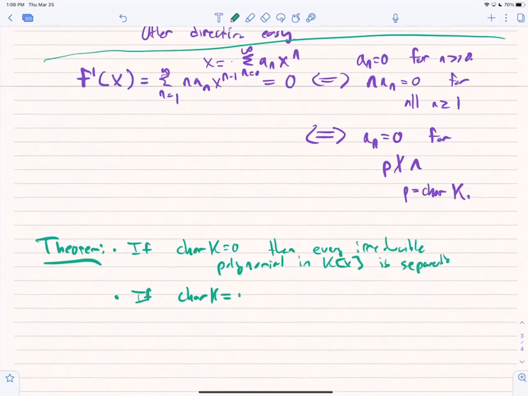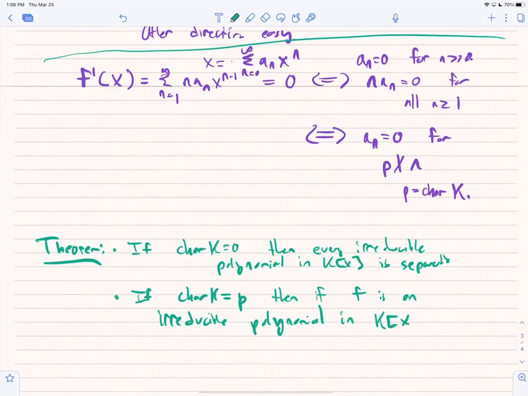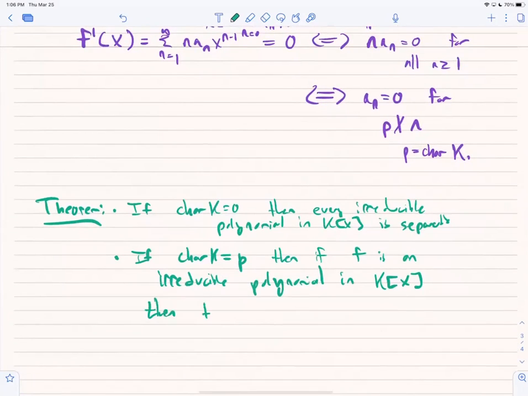So if the characteristic of k is a prime number p, then if f is an irreducible polynomial in k[x], then there exists a unique separable irreducible g(x) in k[x].